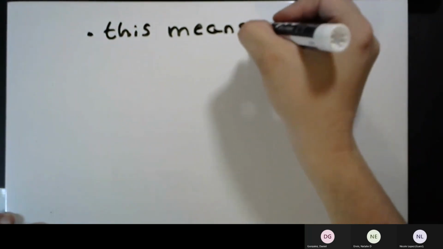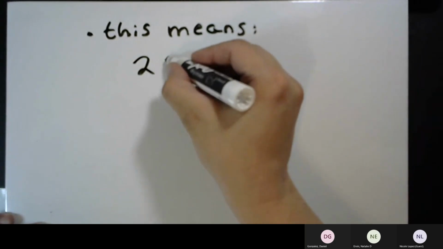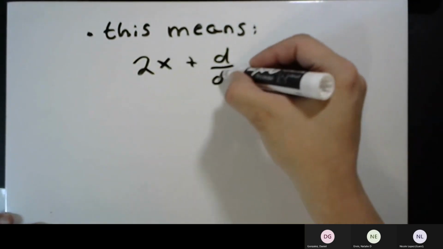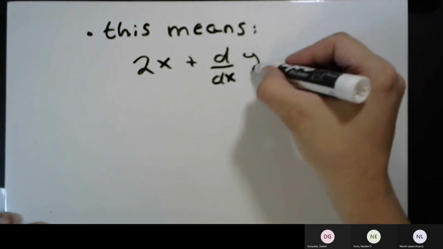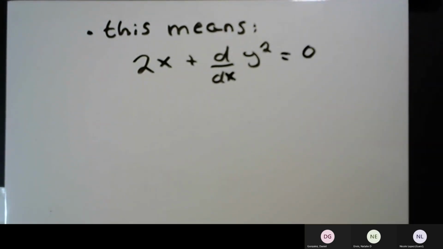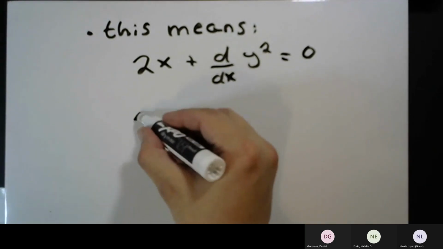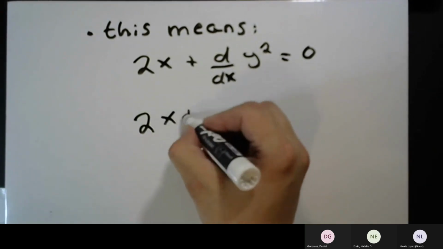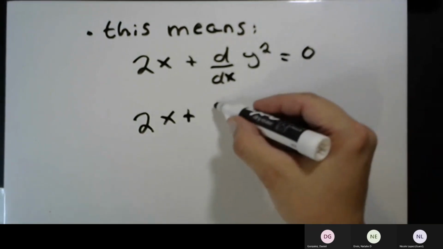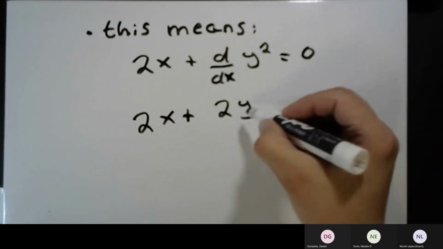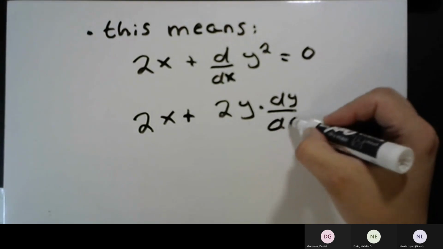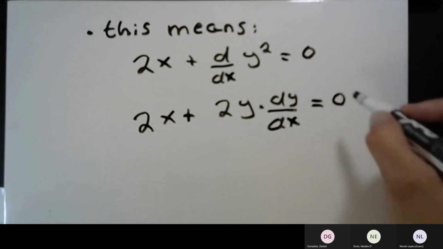So this means 2x plus d/dx of y squared equals 0. What this will become is 2x plus, and we treat this like the chain rule, we get 2y times dy/dx is equal to 0.